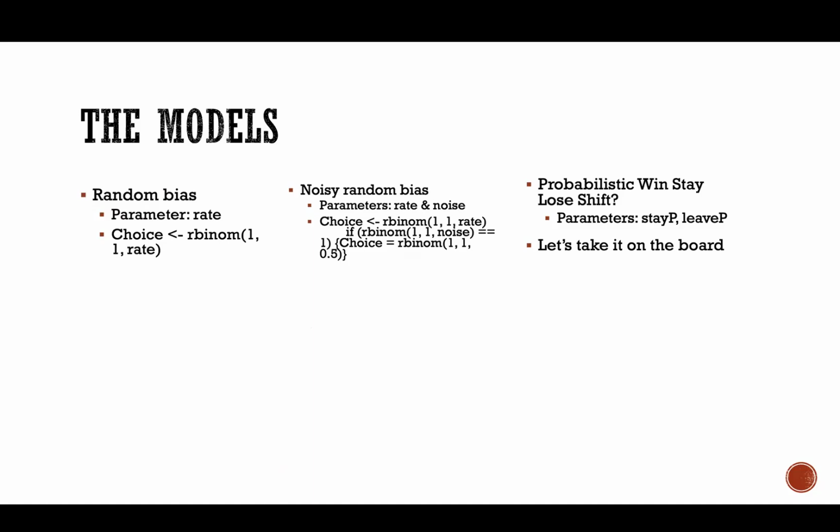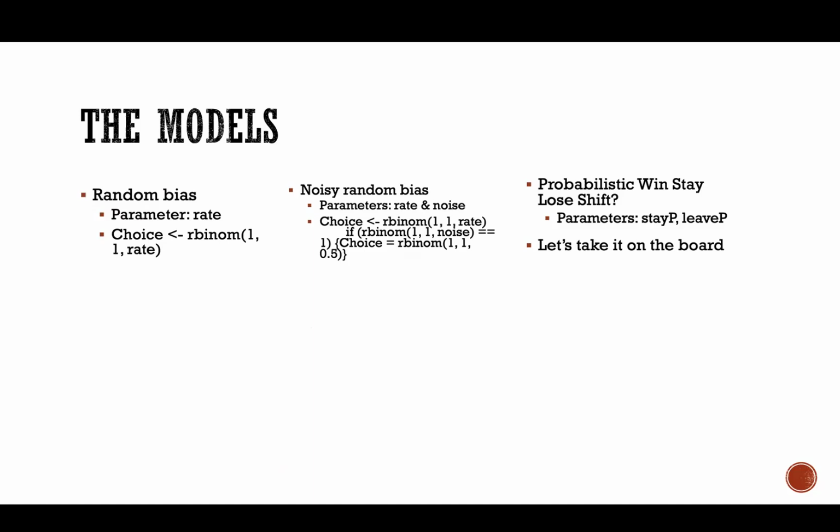And so what we can do is simply create these vectors from the previous choice and the feedback. And then we have our equation, which has the stay probability, and here I should call it the shift probability.